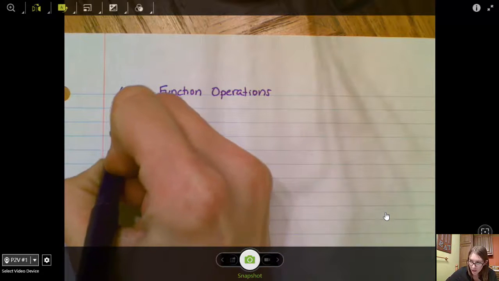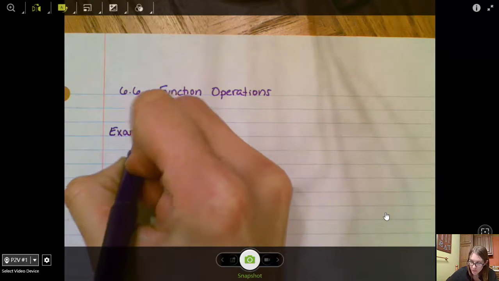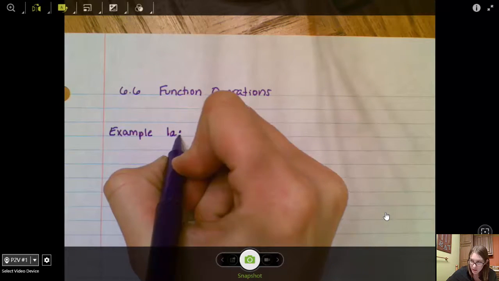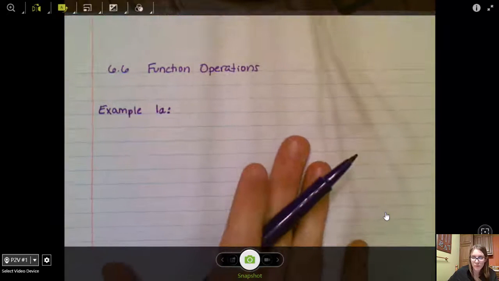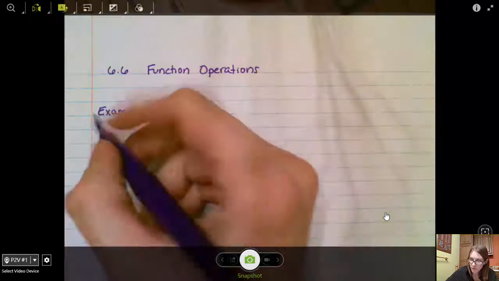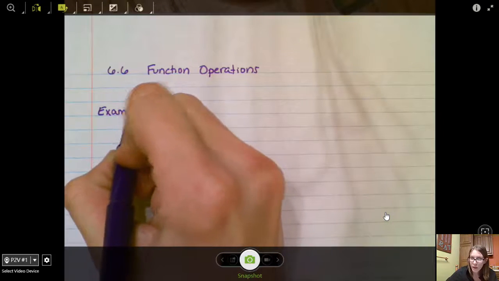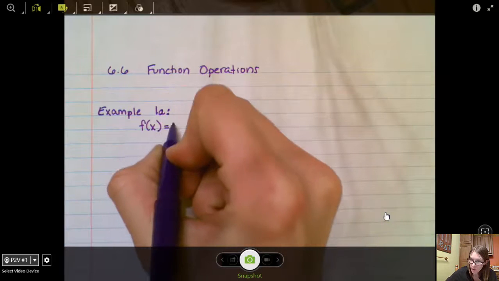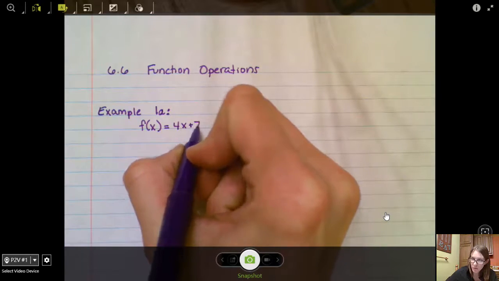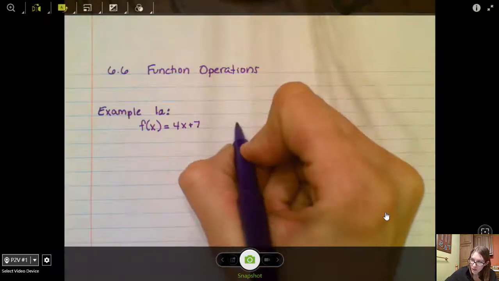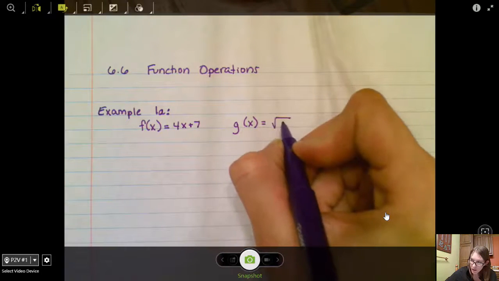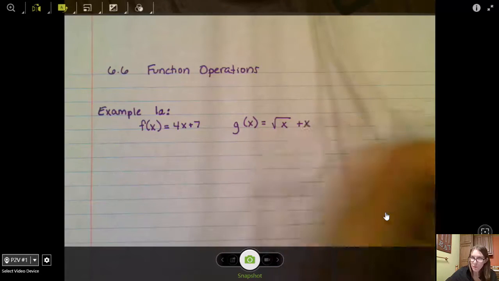So example 1, and this is example 1a. We're going to use the function f of x equals 4x plus 7, and also g of x equals the square root of x plus x.